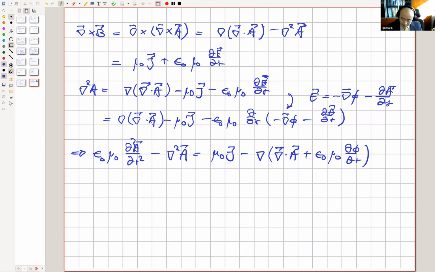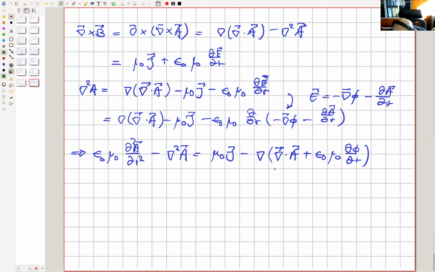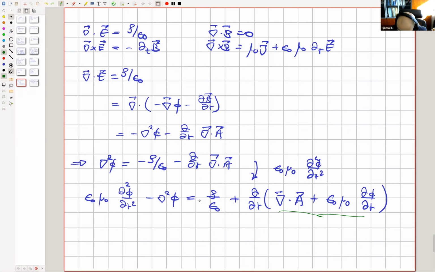But here, take a look at these two equations over here. We actually have this factor here, this factor here, and on both sides. If this term were to disappear, it would drastically simplify our equations.